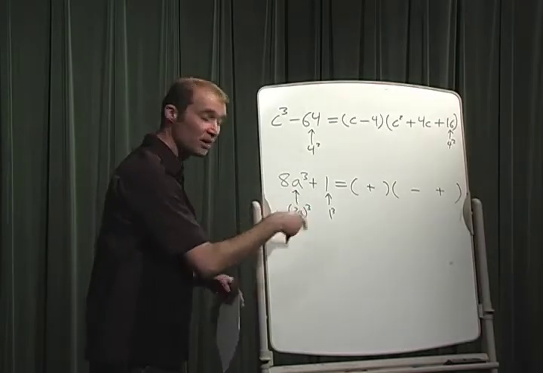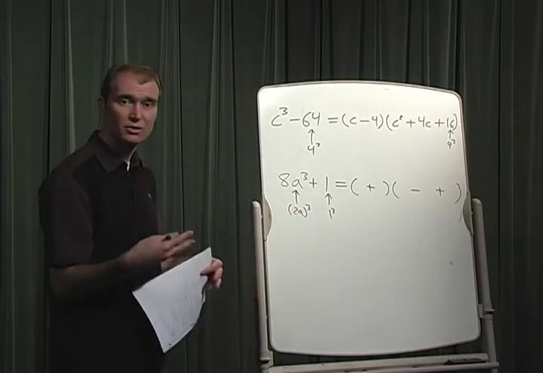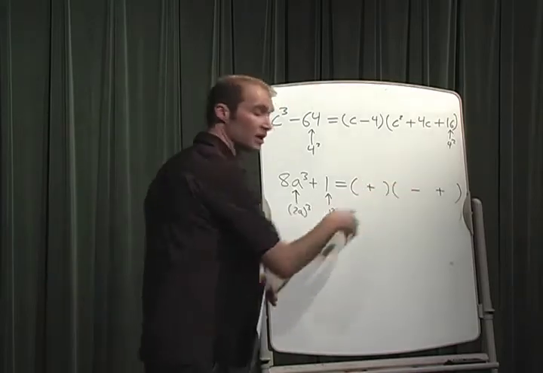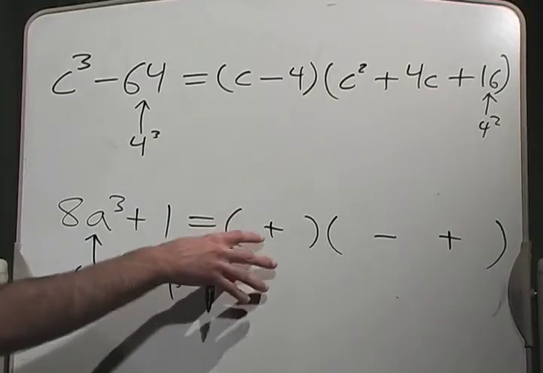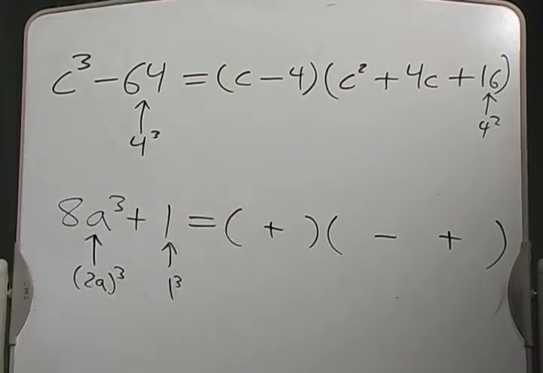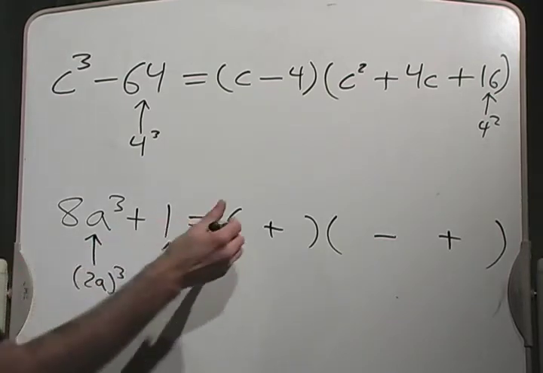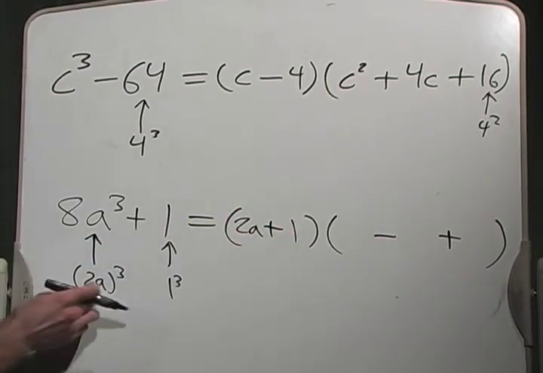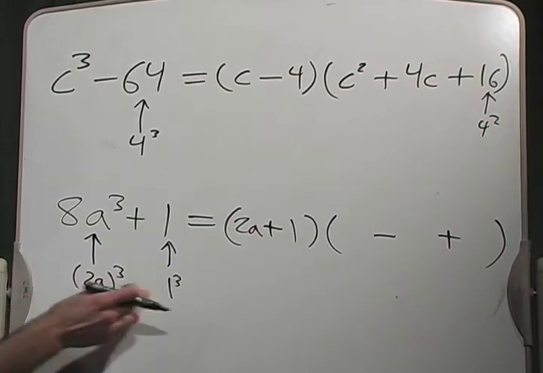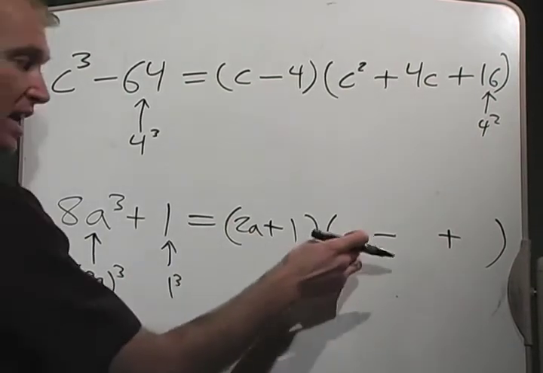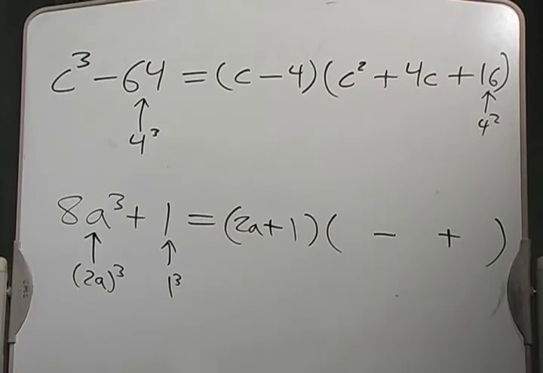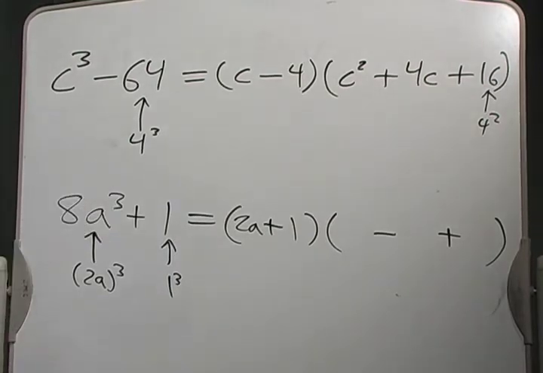Now, for a problem as complex as this, I'm actually going to take it in 2 steps. And so right here is not going to be my final answer. I'm going to go ahead and have this be my second to last step. So what I have is 2a plus 1, the 2a coming from here, the 1 coming from here. And then I have descending powers of 2a and ascending powers of 1.